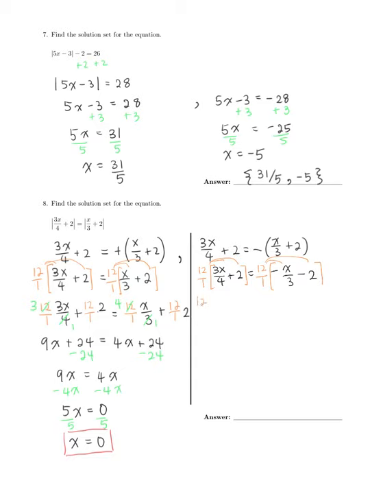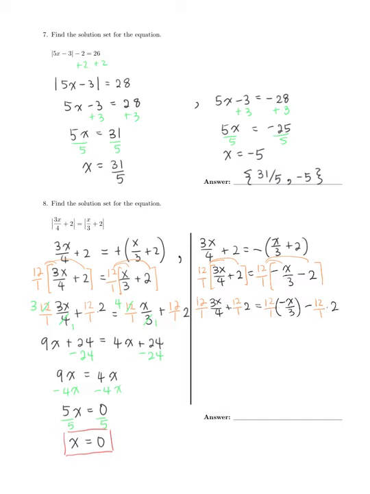Then we're going to distribute and cancel what we can to simplify. So here, 12 over 1 times 3x over 4, and then plus 12 over 1 times 2, equals 12 over 1 times negative x over 3, and then minus 12 over 1 times 2.